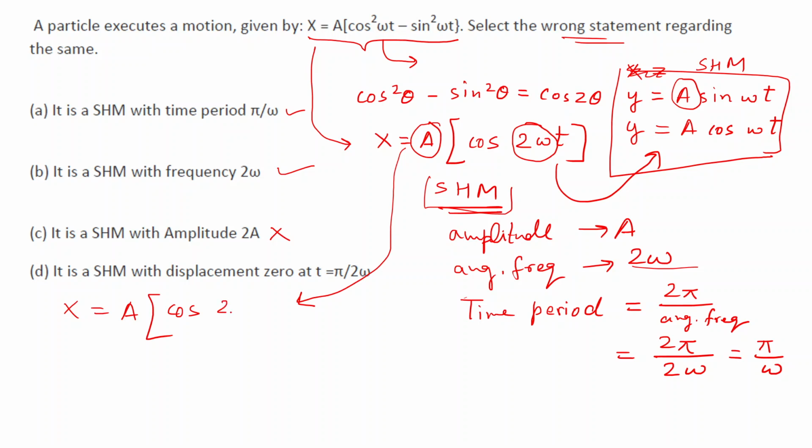So cos 2 omega times pi by 2 omega, when we put it here, cos pi we know is -1. So the displacement at t equal to pi by 2 omega is not 0. We have -a displacement. That means this sentence D is incorrect.